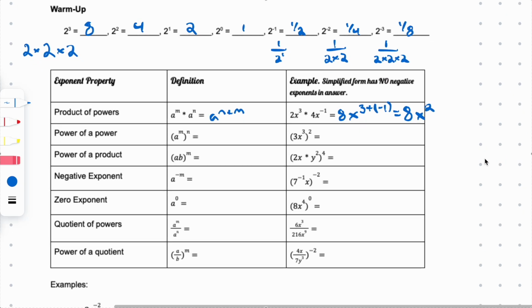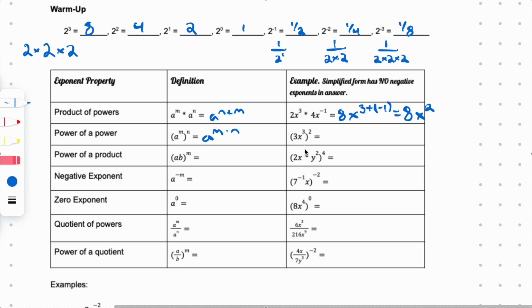Perfect. Now, if we have a power of a power, so we're raising a to the m to the nth power, we actually multiply those two exponents, m times n.